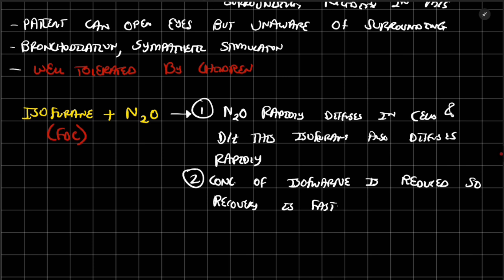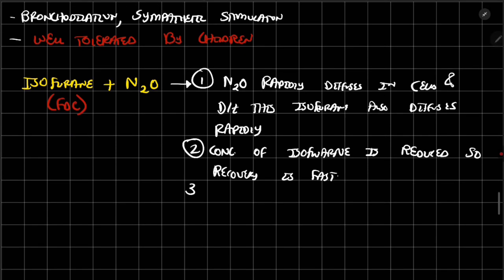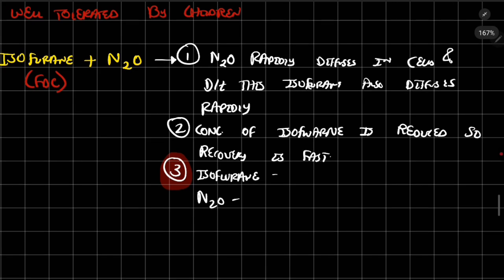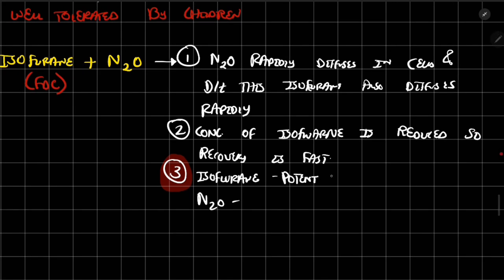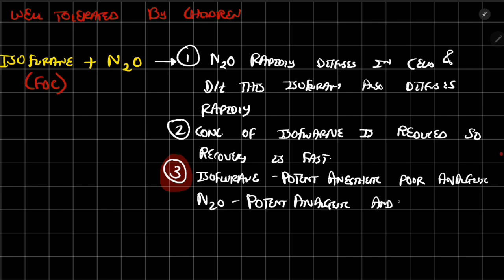Now the most important point about isoflurane and N2O. Isoflurane is a potent anesthetic and a poor analgesic, whereas N2O is a potent analgesic and a poor anesthetic.